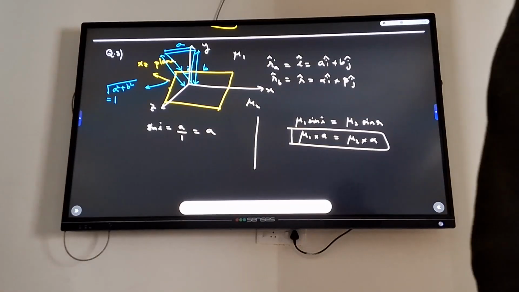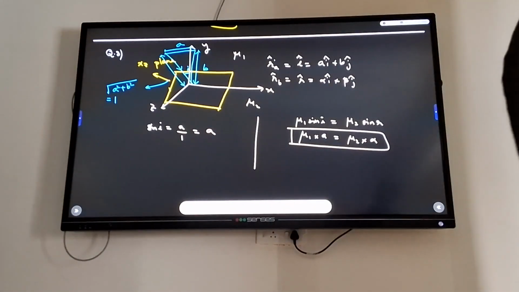Is it option D? Option D. Option B, Bombay. Incorrect.